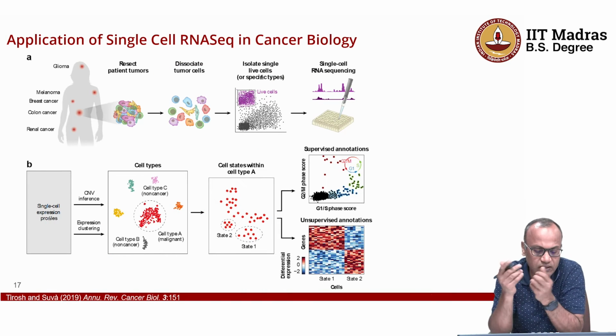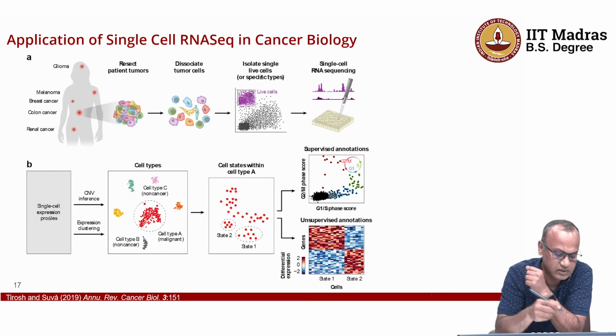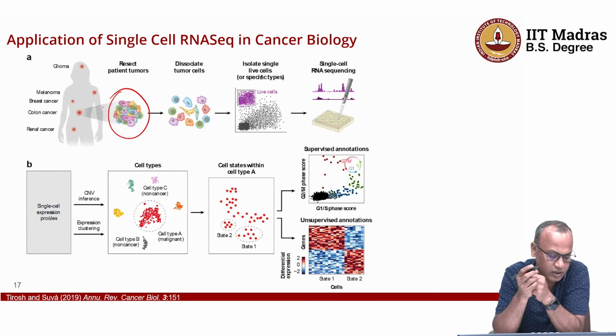Similarly, if you apply the same technique to cancer biology, which is becoming very common these days. So you take a cancer cell, resect, like take out the cancer tissue. Now you have all these different cell types.